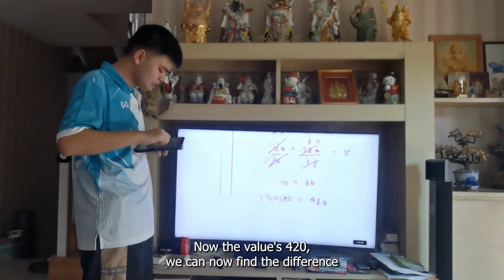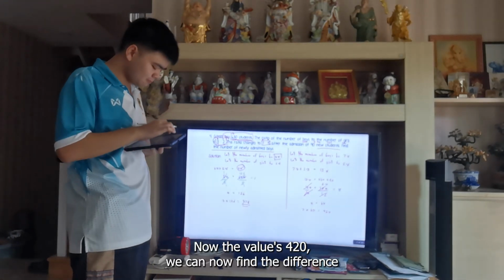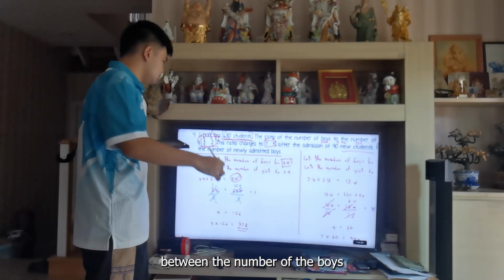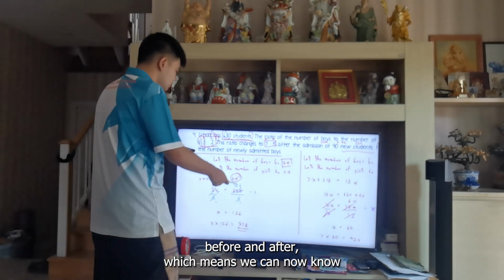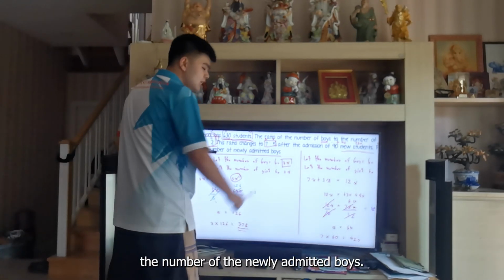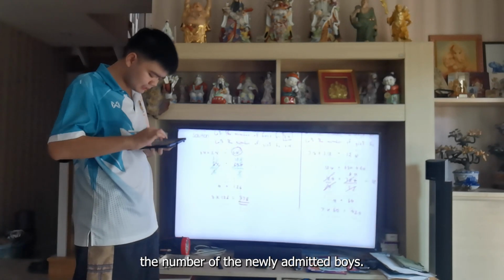Now that the value is 420, we can find the difference between the number of the boys before and the number after, which gives us the number of newly admitted boys.